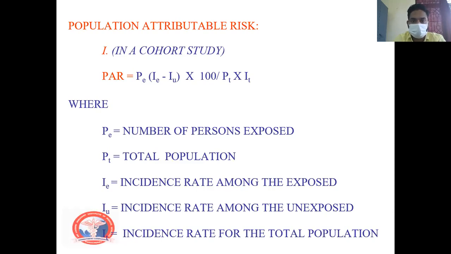So here is a formula for PAR, population attributable risk. PE is the number of persons exposed, PT is total population, IE is incidence rate among exposed, IU is incidence rate among unexposed, IT is incidence rate among total population. So PE into IE minus IU into 100 divided by PT into IT.